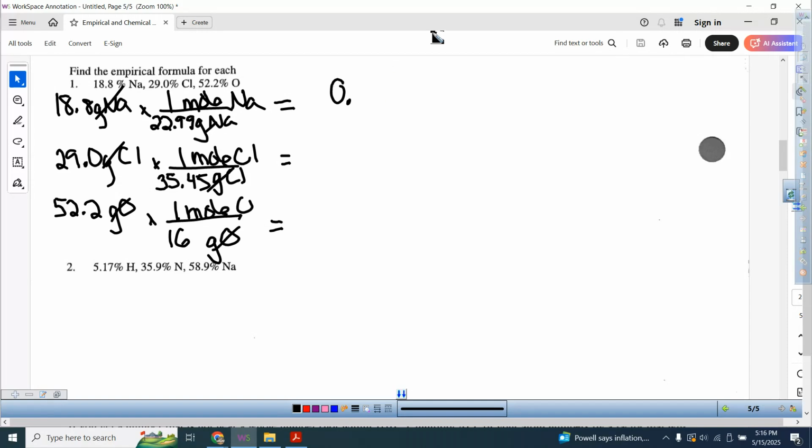Okay, so this gives me 0.8177. And this is going to be moles of sodium. And for the chlorine, it gave me 0.8181.